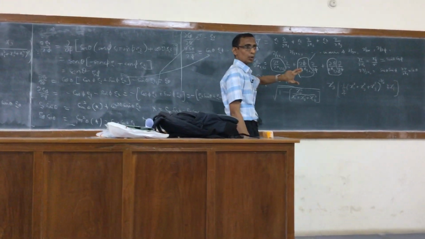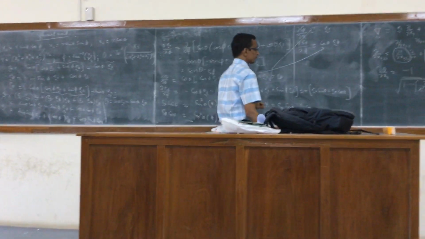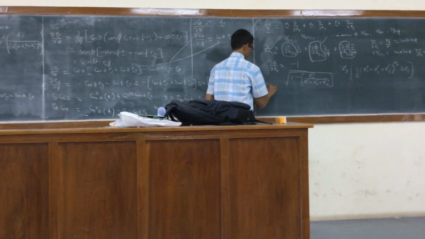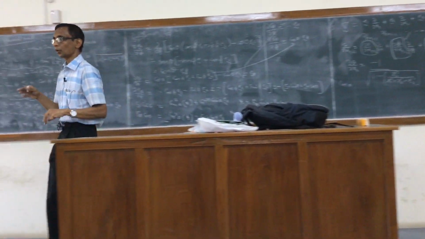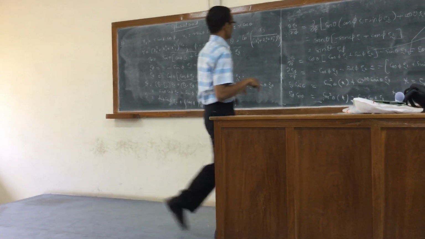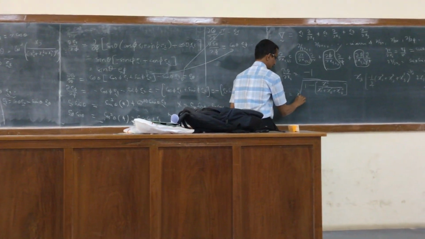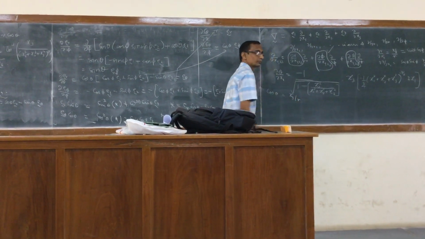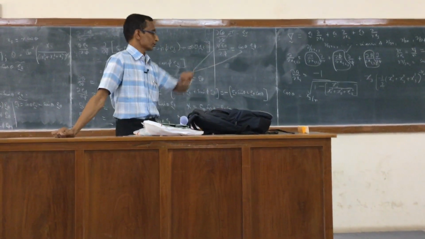But a simpler route is simply to write this as cos theta. A simpler route, I am saying. I am not saying this is not correct. You can go and try to simplify it, you will get the answer. But write cos theta, for instance, as x3 by r. Cos theta is x3 by r.